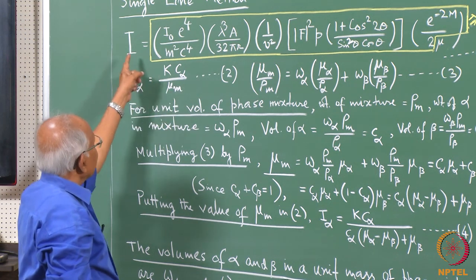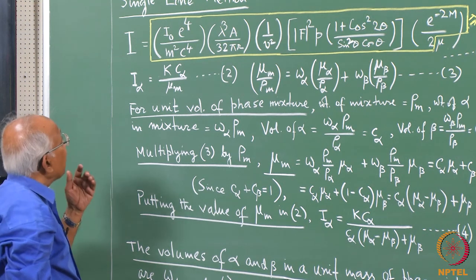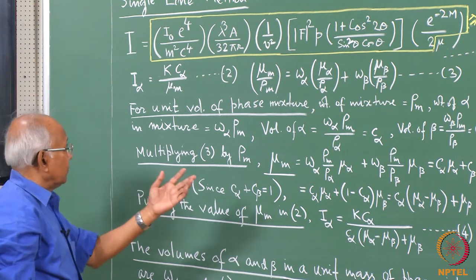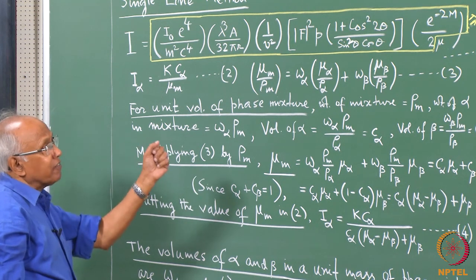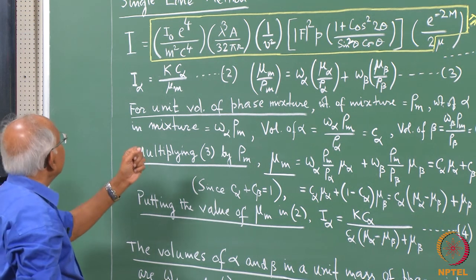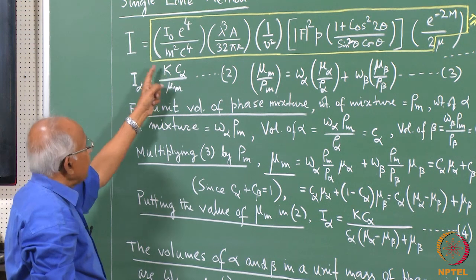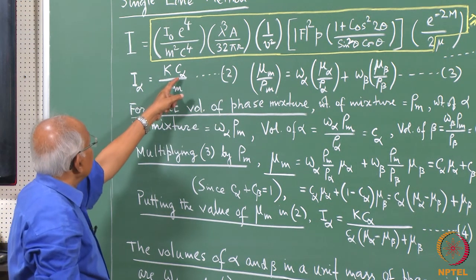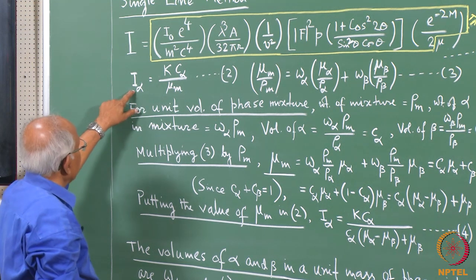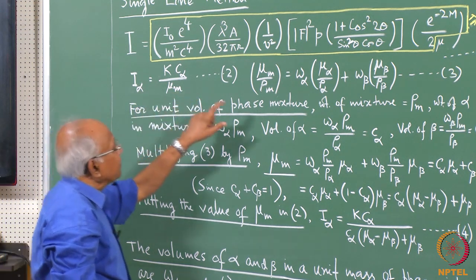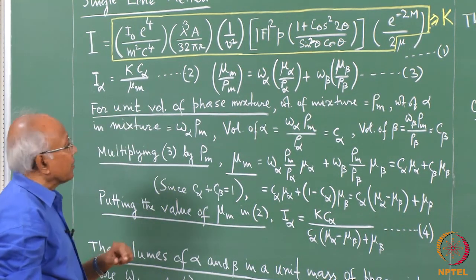So, this is the general expression for the integrated intensity of a particular line in a pure phase, and when that phase is present as part of a mixture of two phases, then the intensity of the same line will be written as k, that particular term, times C alpha, which is the volume fraction of the alpha phase in the mixture, divided by, instead of mu, mu m, the linear absorption coefficient of the mixture.